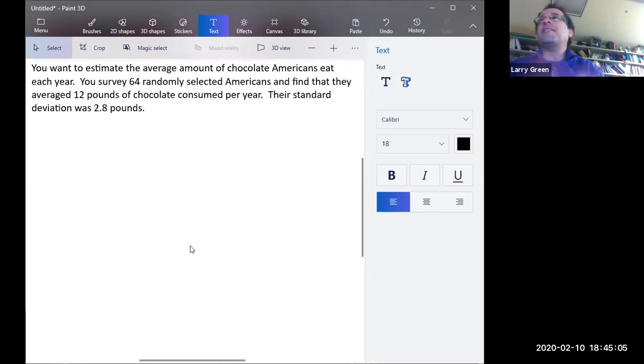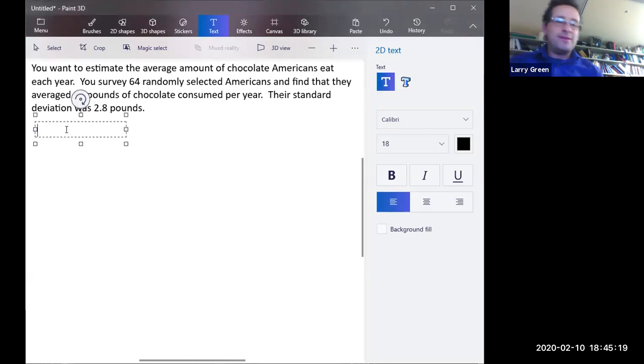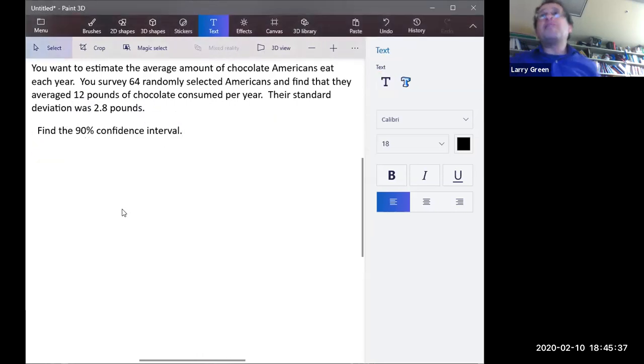You survey 64 randomly selected Americans and find the average is 12 pounds of chocolate consumed each year, and their standard deviation was 2.8. Let's calculate, just for fun, a 90% confidence interval. Any questions on the question?